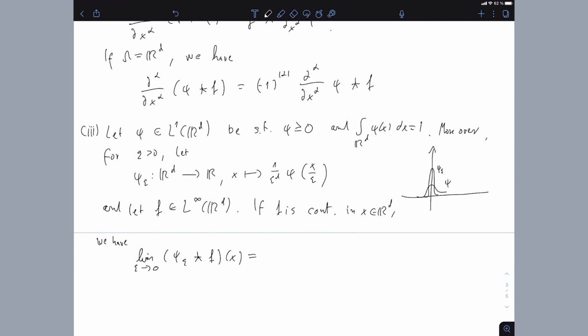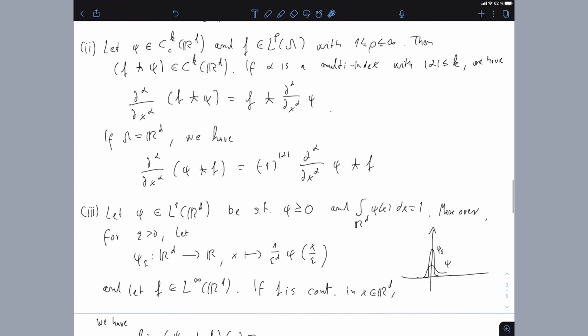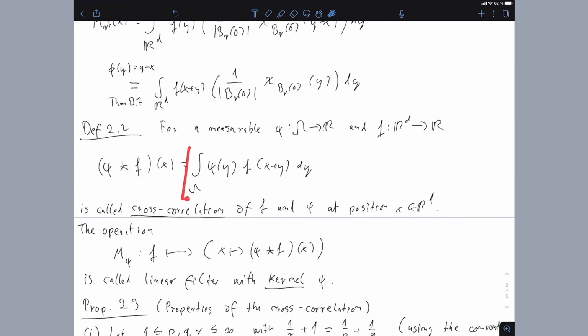Yeah, so we are correlating f with something that is very concentrated around 0 and has mass 1. So f of 0? Why 0? Let's recall this.